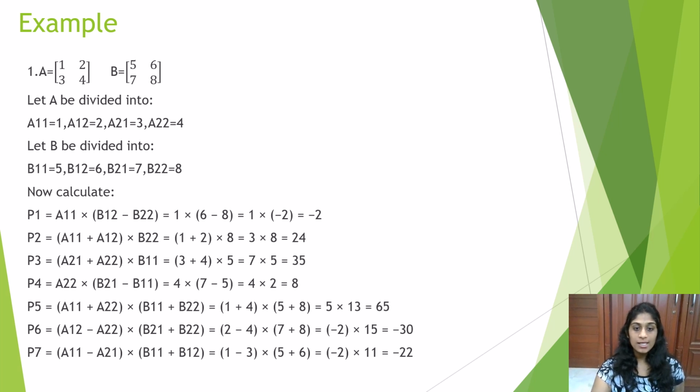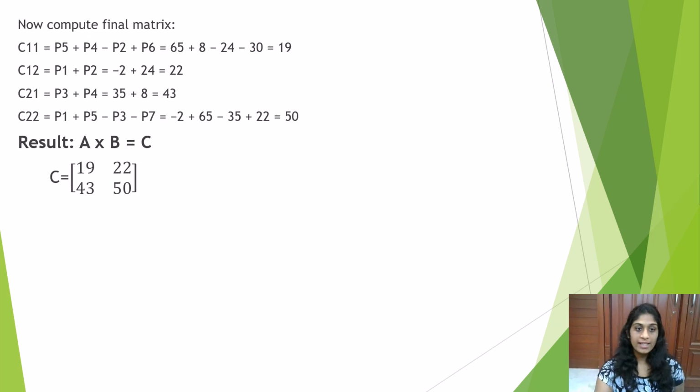Now let's see what is the final result. Now for C11, we have to substitute all these P1, P2, P3, P4, P5 in these matrices.